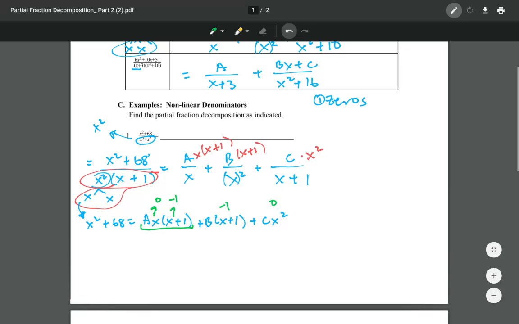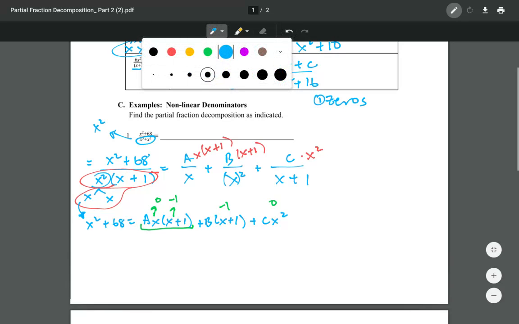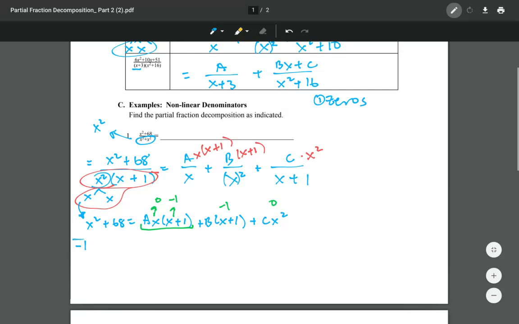So as I go through and start to plug these into our numerators, I'm going to go ahead and put -1 in for x. I get -1 squared plus 68 is equal to a times -1, -1 plus 1, that goes away, plus b, -1 plus 1, that goes away, plus c times -1 squared, that one stays. -1 squared, this is 1 plus 68, that's 69, equals c.